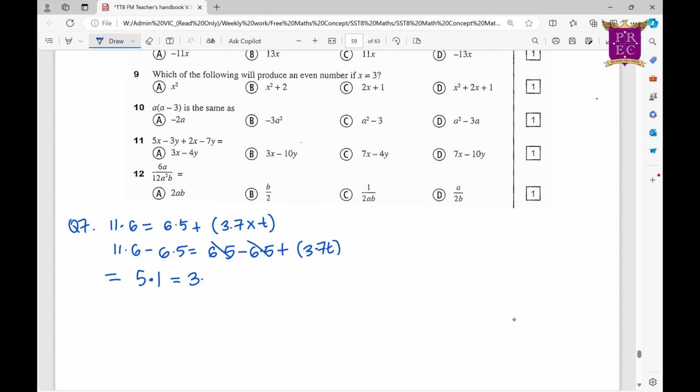Equals 3.7t. And in order to figure out t, we need to divide 5.1 by 3.7 and do the same here. Sorry.